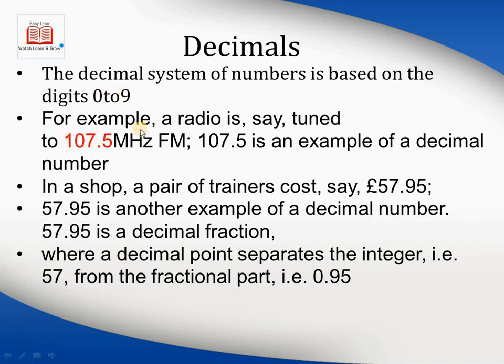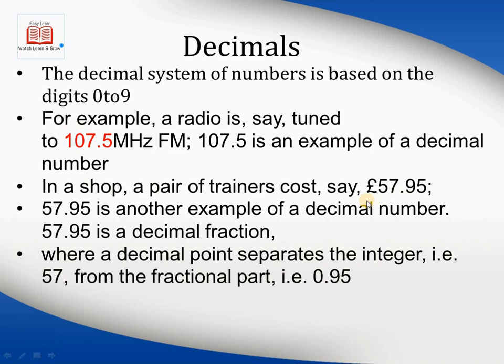For example, let's say a radio is tuned to 107.5 megahertz. This is an FM radio, and this number 107.5 is made of digits in the range 0 to 9. So 107.5 is an example of a decimal number.